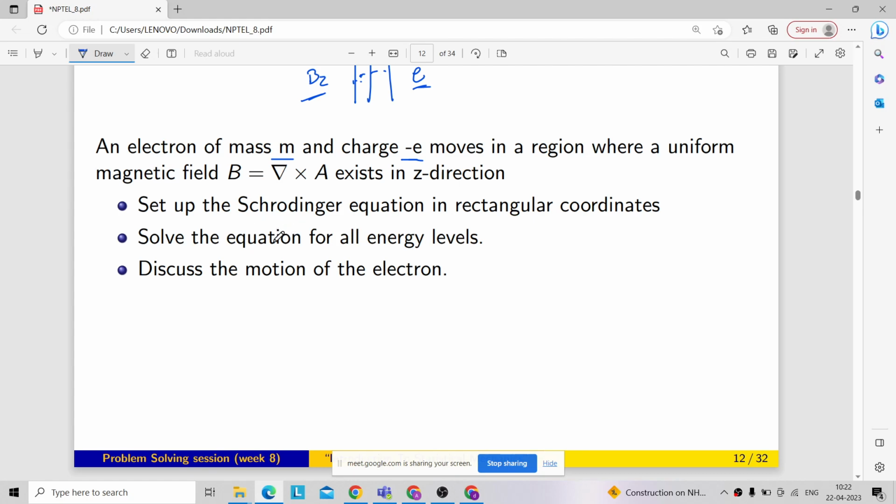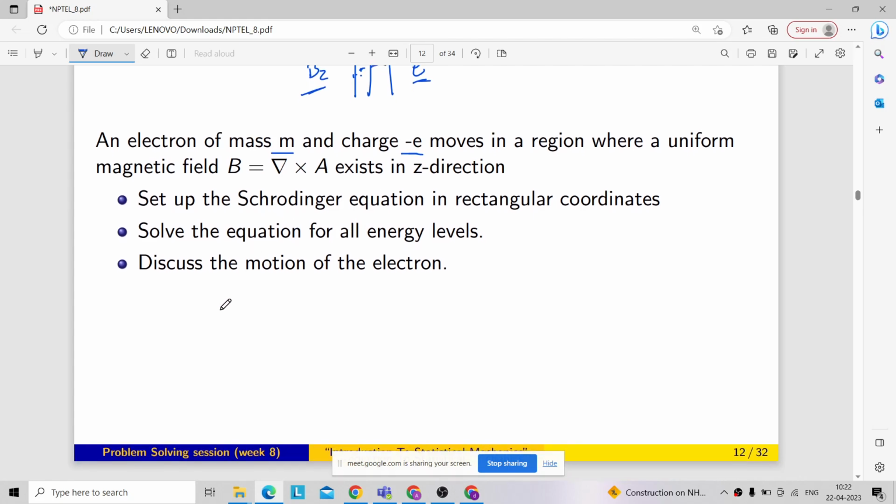So let me write down the Schrodinger equation first. So this Schrodinger equation is H psi equals E psi, right?